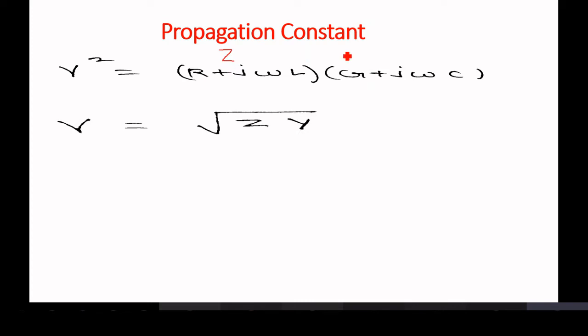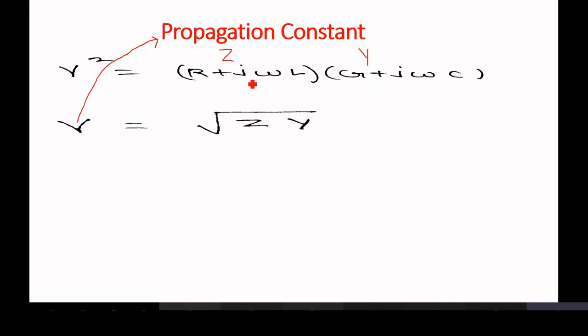This is capital Z and this is capital Y. If you take the square root on both sides, gamma is equal to the square root of Z into Y. This gamma is nothing but the propagation constant, so here also we have the propagation constant in the transmission line, where Z is R plus j omega L and Y is G plus j omega C.